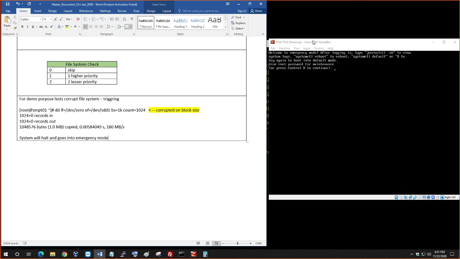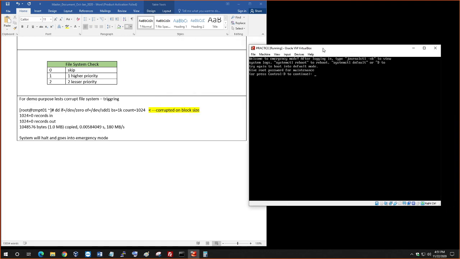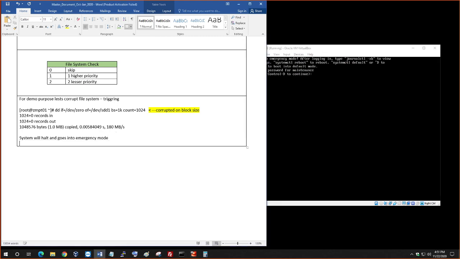No problem. That's a safety mechanism built in here. Now you wouldn't be able to use PuTTY anymore. PuTTY is disabled. Why is it disabled?